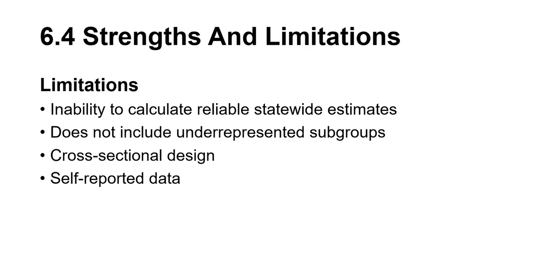The study design is cross-sectional, so no longitudinal comparisons can be made, and all of the data are self-reported. However, there are some studies that show that self-reported data on things like cancer screenings and preventive services can be as reliable as medical reports.